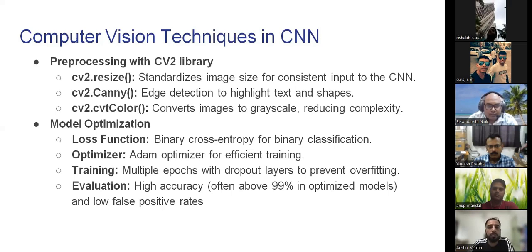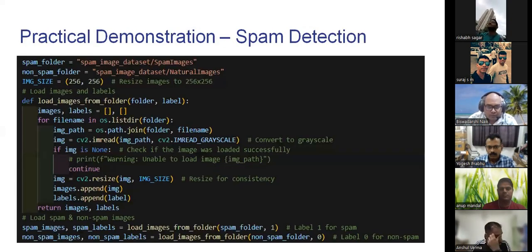And cv2.cvtColor simplifies the data by converting images to grayscale. For training, we use binary cross entropy as the loss function and Adam optimizer for fast and effective learning. The model is trained over multiple epochs with dropout layers to prevent overfitting. As a result, we achieve high accuracy, often above 99%, with very low false positive rates. Okay, next slide, please.